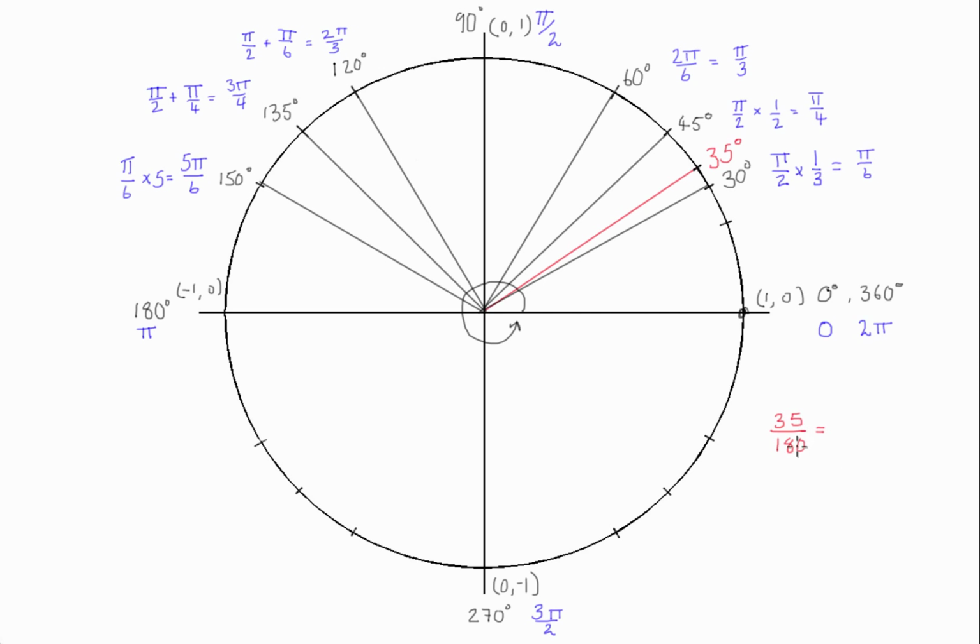So 35 and 180, 5 goes into both. 5 goes into 35 7 times. 5 goes into 180 36 times. So that's the fraction that 35 is of 180. So what we do is we use that fraction, multiply it by what 180 is in radians, and that's our radian measure. So 35 degrees is going to be equal to 7 pi over 36 radians.